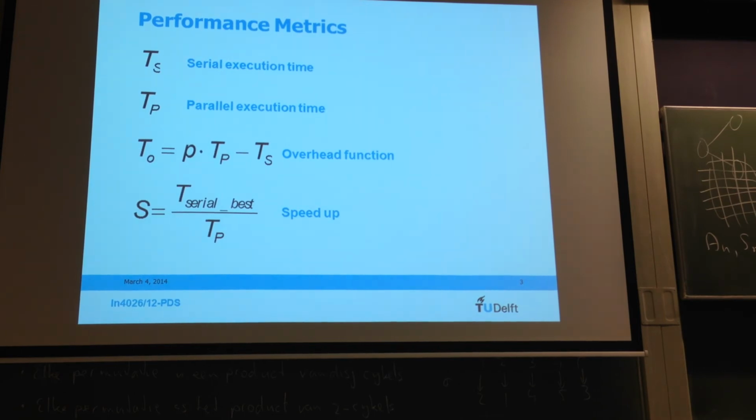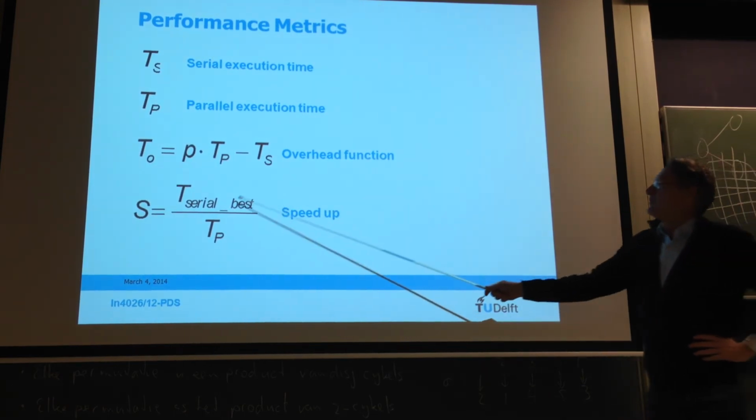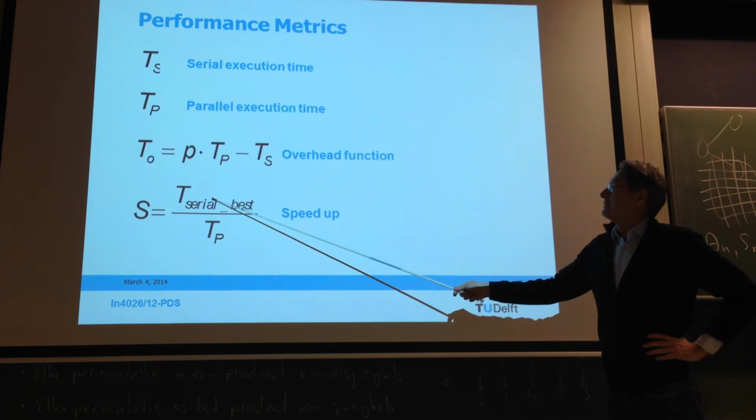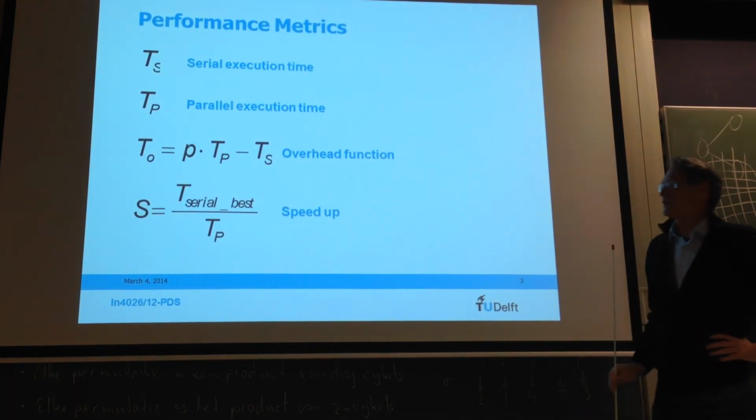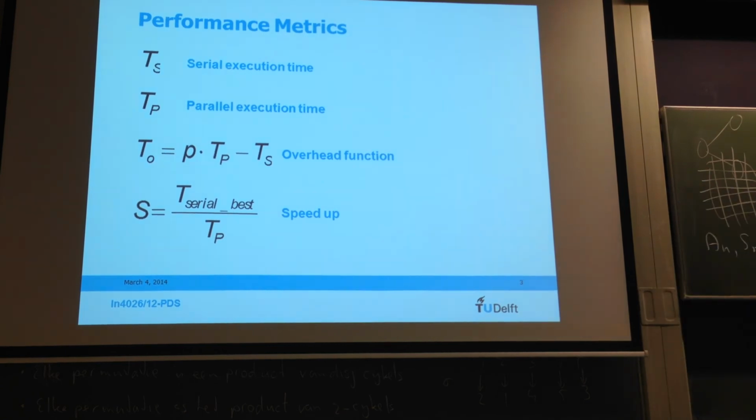The speed up is defined as the serial best against the parallel execution time. That's the speed up. And I deliberately put serial best here because in my effort to parallelize things, I might have to change things.